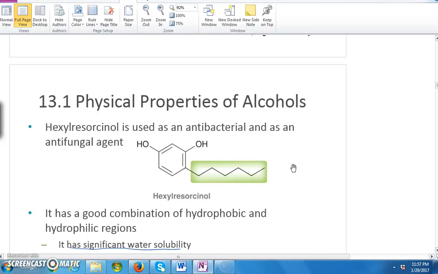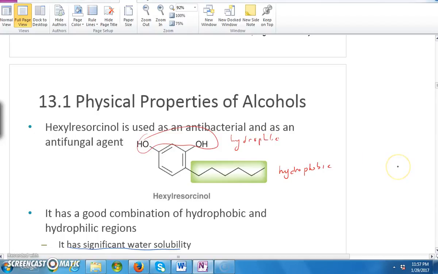So you can see, look at this example. It's an example of a great antibacterial agent, which is hexylresorcinol. It has a long hydrophobic chain, right? And this is the hydrophilic part.